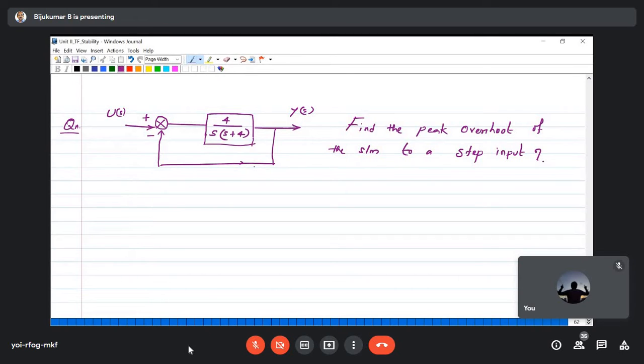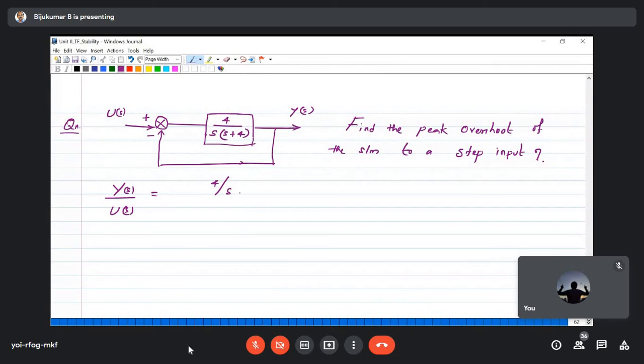So how will you find this? First of all, you have to convert this block diagram to a single transfer function. Since it is a negative feedback system, you can directly convert like this: Y(s) by U(s) is equal to G(s) divided by 1 plus G(s)H(s), right?